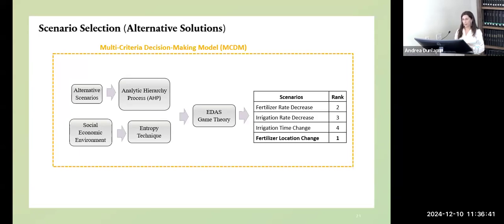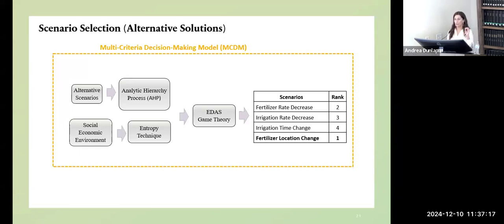The question again is for some explanation about the fertilizer location change scenario. That's what you want, right? Yes, this scenario was about how we had a certain number of pastures fertilized, and we ran the model based on the existing condition. We defined the amount of fertilizer in each pasture and calculated that.